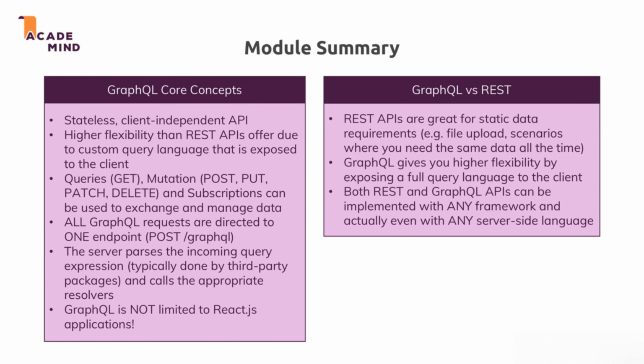They are especially great for static data requirements, so where you don't need that additional flexibility. And then you have a very clearly structured and explicit way of defining your endpoints and defining the possibilities your API offers. So for file uploads or scenarios where you simply don't need that flexibility because you always get the same kind of data, there REST APIs might still be the perfect solution.